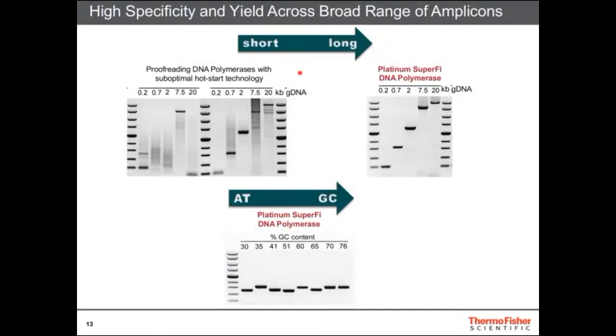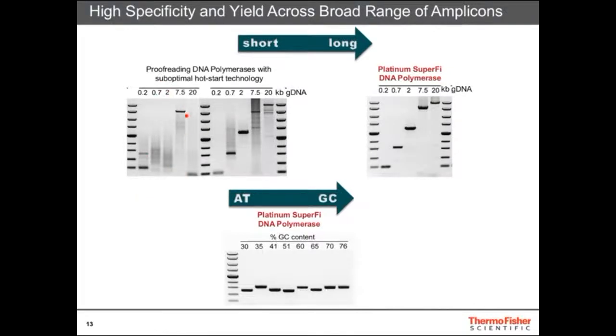So another key thing that we wanted to be able to do is show how this enzyme performs across a broad range of amplification lengths. In this first image, we've taken several proofreading enzymes from several different companies, and we've amplified across a range of different sizes, from 0.2 kb up to 20 kb, and we did a standard PCR amplification.